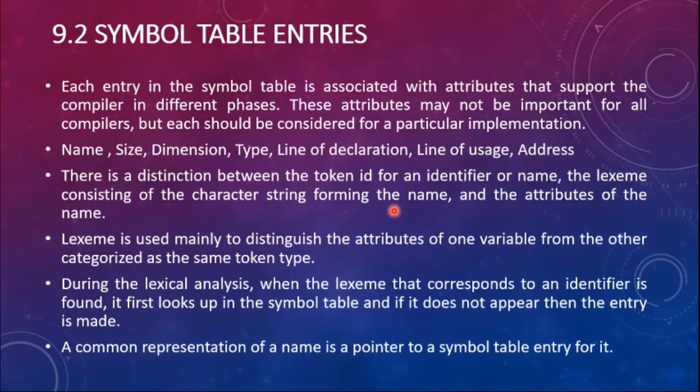Whenever we perform lexical analysis, a lexeme corresponds to an identifier that is found. When the lexical analyzer identifies some lexeme or identifier, first of all it will check whether that identifier already exists in the symbol table or not. If it is already available, then we can use the line reference or line of declaration.